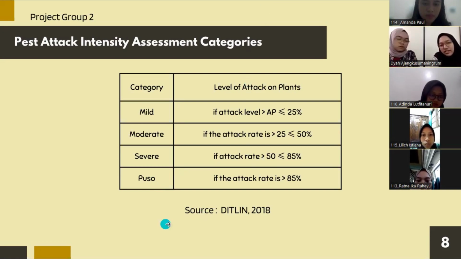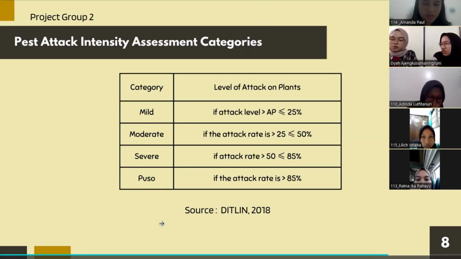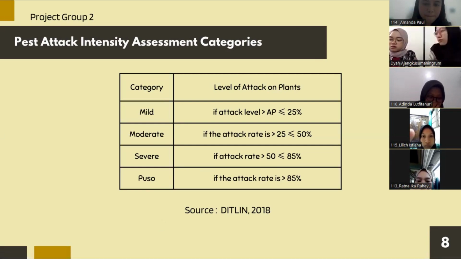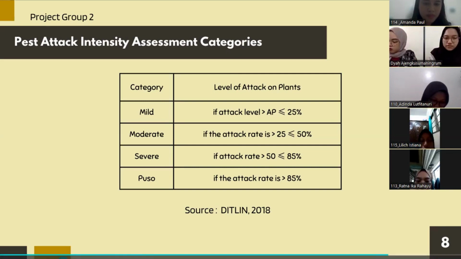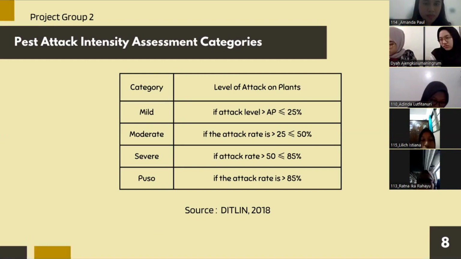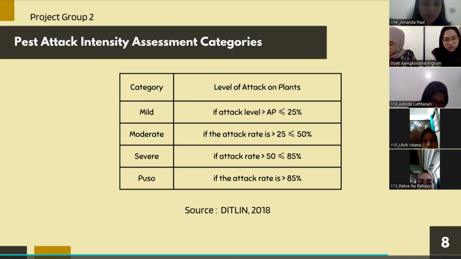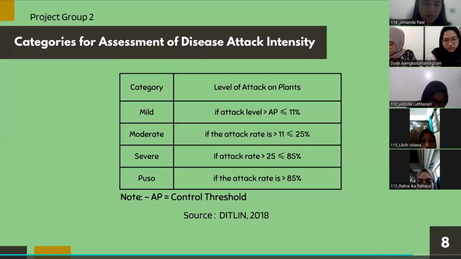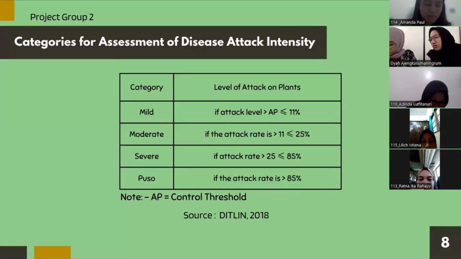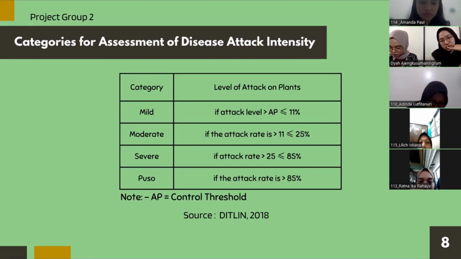Severe if attack 50% until 85%, and PUSO if the attack rate is higher than 85%. Next. Okay, this is categories for assessment of the attack intensity. There are four categories: mild, moderate, severe, and PUSO.